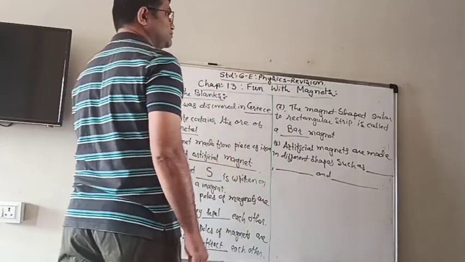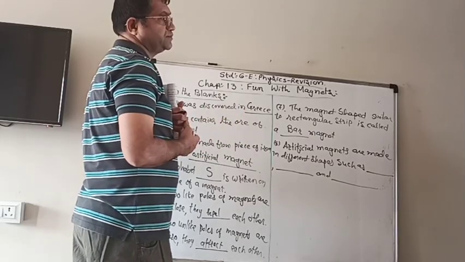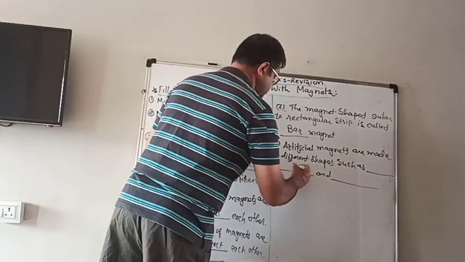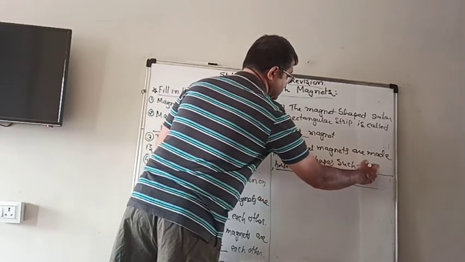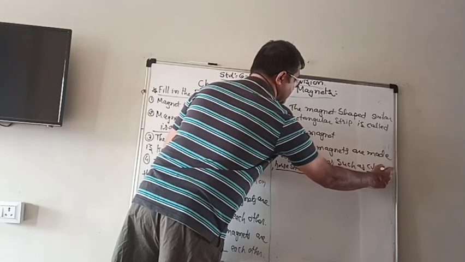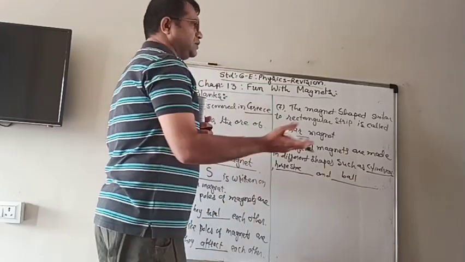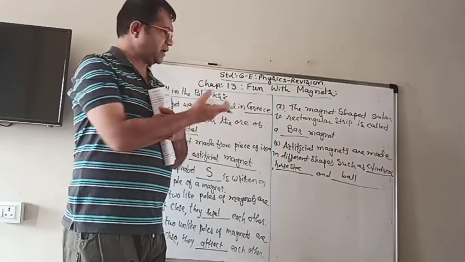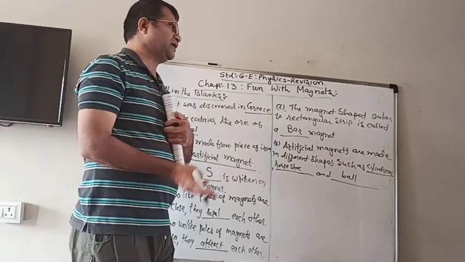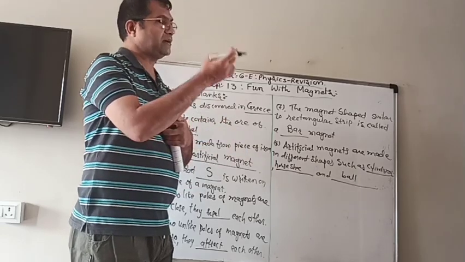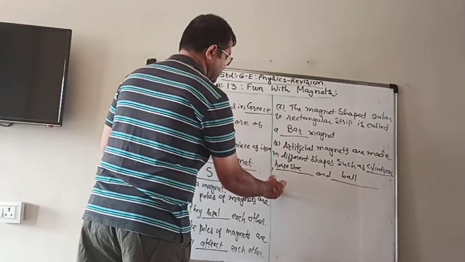So we know it can be in the shape of a horseshoe, also cylindrical, and ball magnets. There are others also, like needle magnet and bar magnet, which is a rectangular strip. There are three blanks here, so you can write down any three of them.